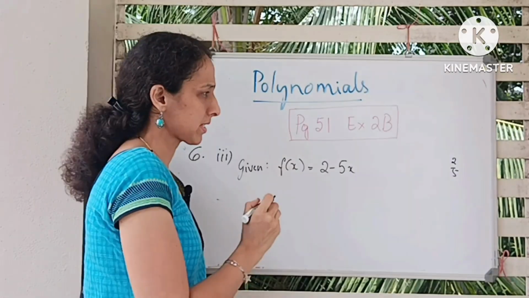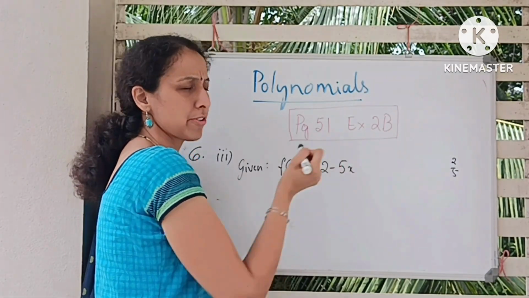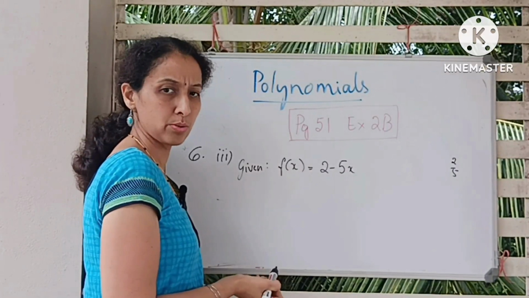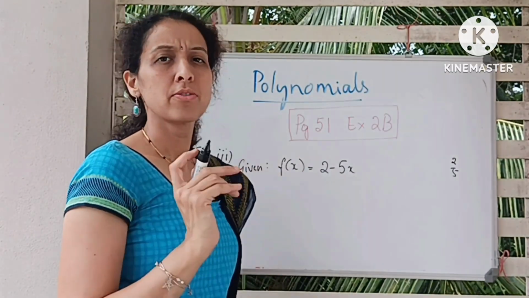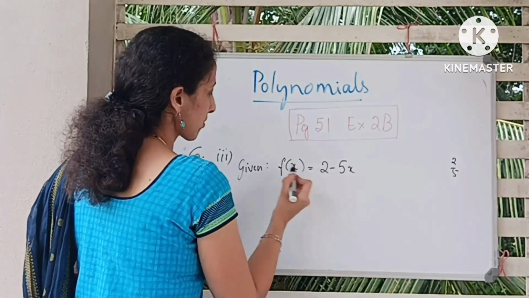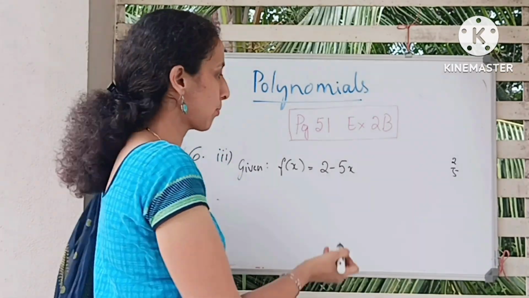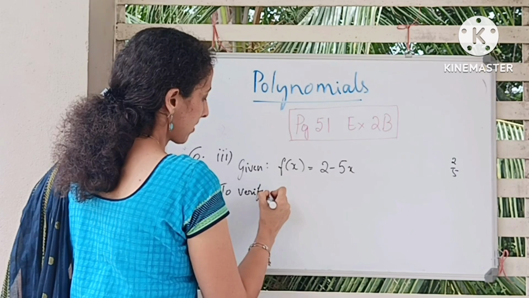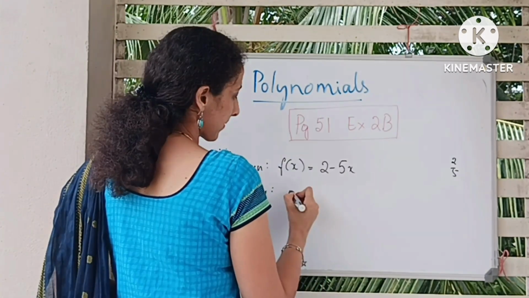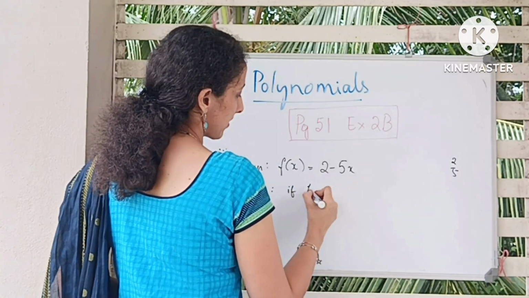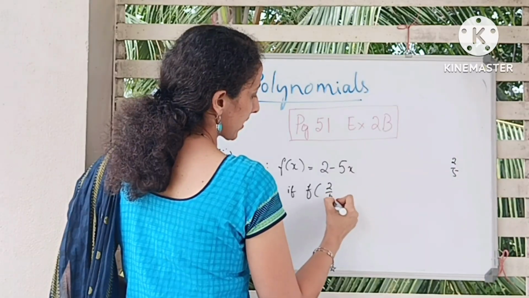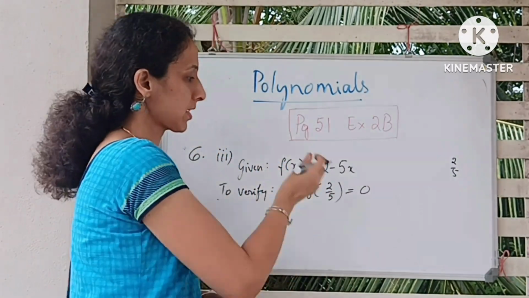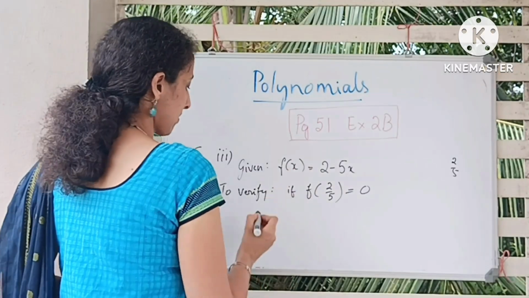The problem says verify if 2 by 5 is the 0 of the polynomial f of x is equal to 2 minus 5x. Follow the steps here. So given f of x is equal to 2 minus 5x. To verify if f of 2 by 5 is 0. So this is what we have to find out. So let's see.